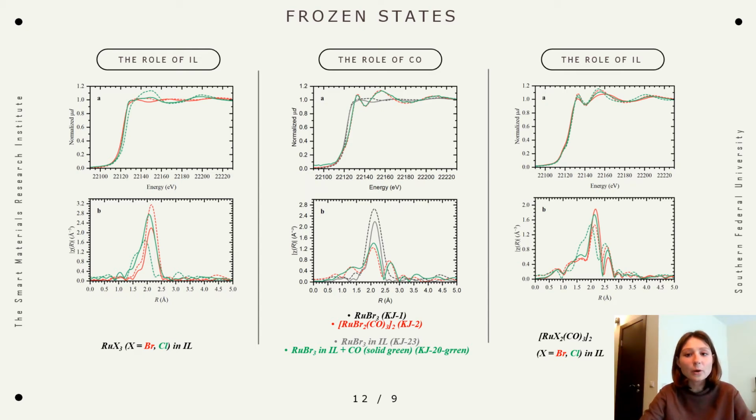In the first step, we investigated the role of the ionic liquid in the XANES and EXAFS spectra of the initial ruthenium salt, shown as dashed lines, and of that dissolved in ionic liquid, shown as solid lines. As you can see, there is no shift in the edge position. That means that there is no change in the oxidation state of ruthenium.